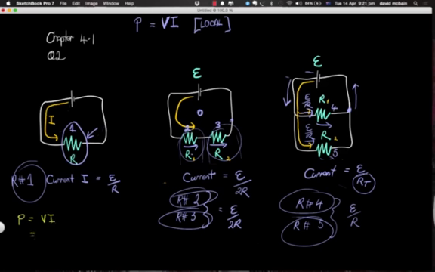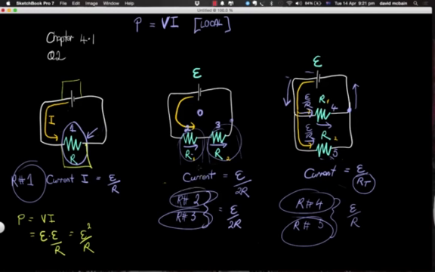Well, the voltage across the resistor, because all of the energy is spent across that one single resistor, will be the same as the voltage of the battery, which is E. So it will be E, and the value of the current flowing through that resistor is E over R. So it will be E times E over R, which is E squared over R.